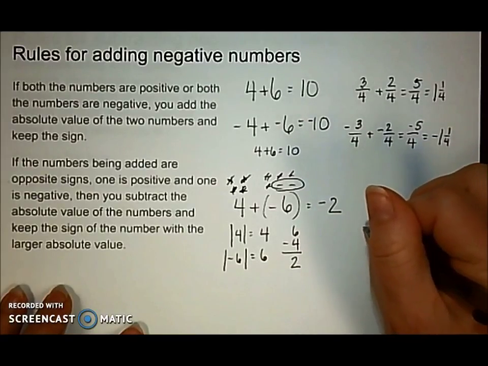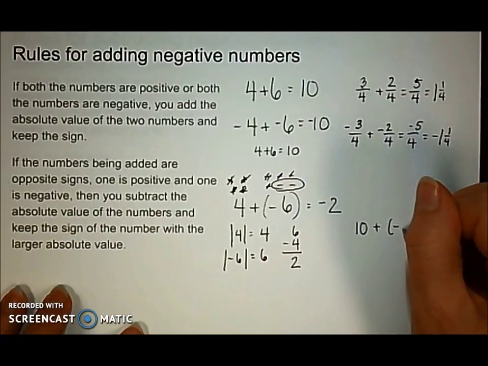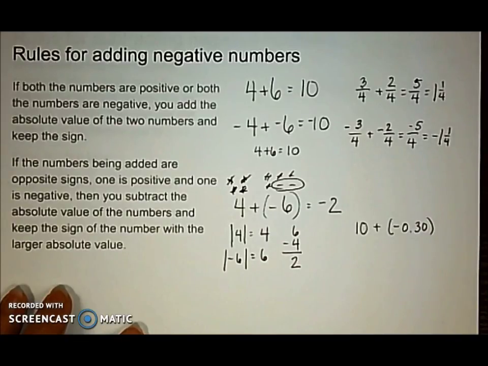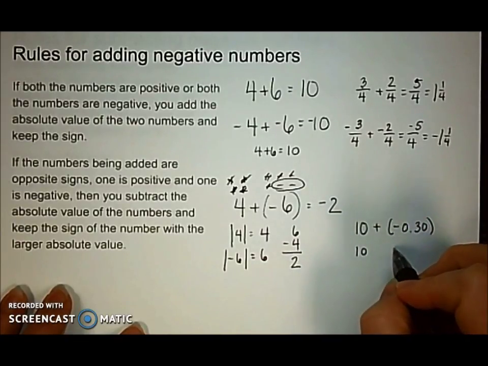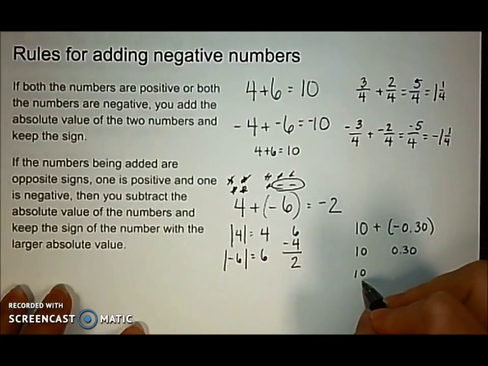So say I had 10 plus -30 hundredths. Once again, I'm going to take their absolute value. So I've got 10 and I've got 30 hundredths. Because they are opposite signs, I'm going to subtract them. And I have to make sure in this case that I line up those decimals when I go to subtract.